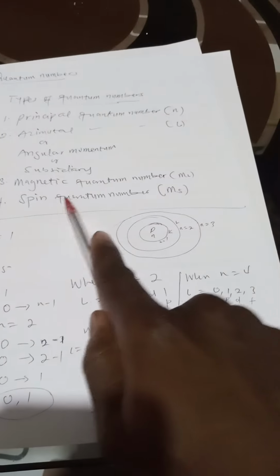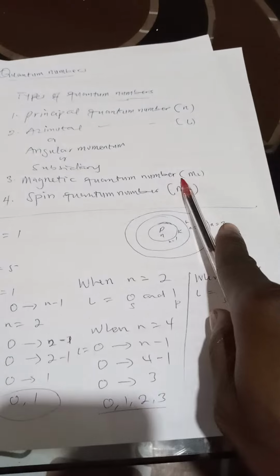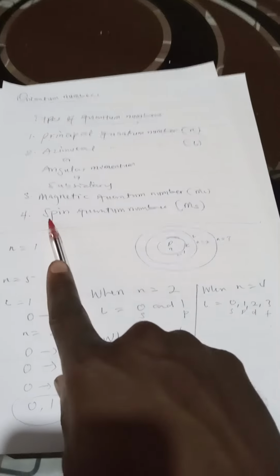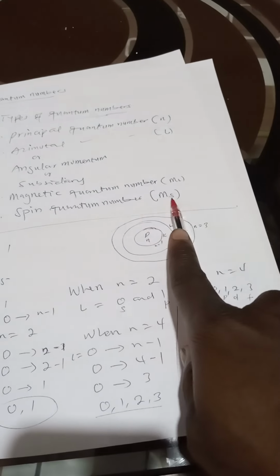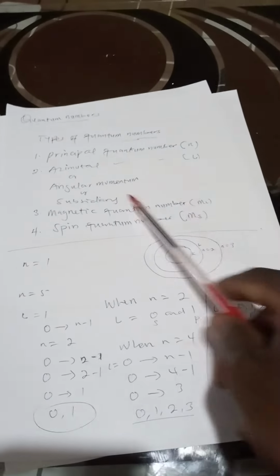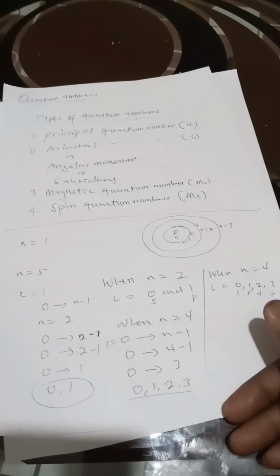The third one is the magnetic quantum number, which is represented by ml. And the fourth one is the spin quantum number, ms. So these are the various types of quantum numbers we have. Let's take our time and look at them one after the other.